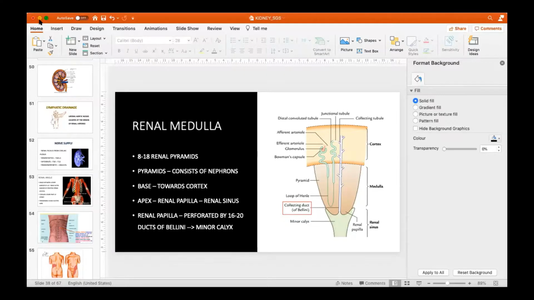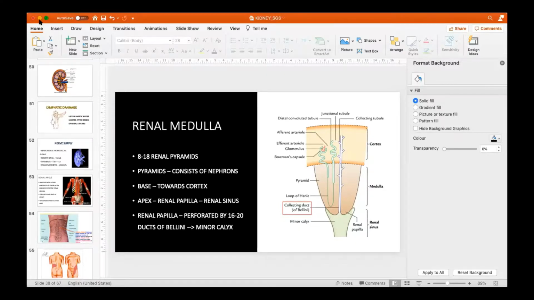Sir, one more question. Considering the concept of Vrika, Vasti, and Mutravaha Srotas, how can that be anatomically correlated? See, it is Vrika.